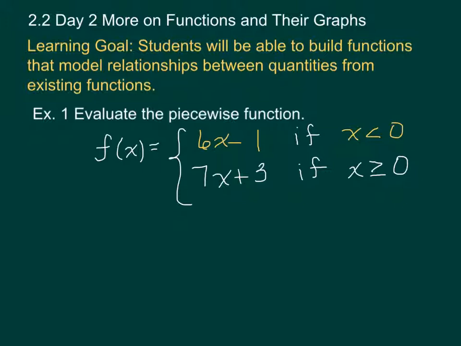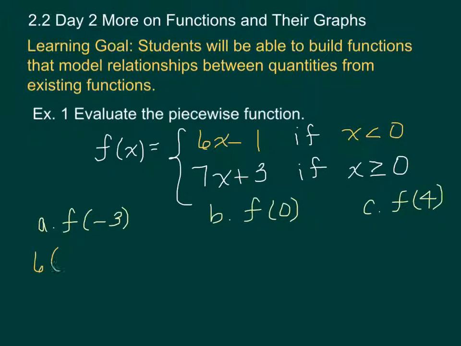So we're going to evaluate certain values of x. We'll do f of -3, f of 0, and f of 4. So first you figure out which function you should plug your x value into. -3 is smaller than 0, so we're going to use the yellow equation.